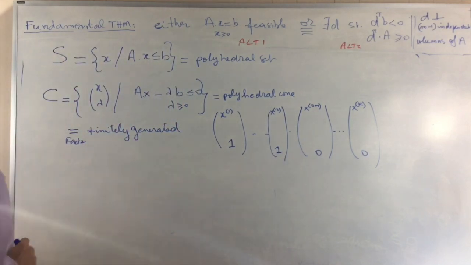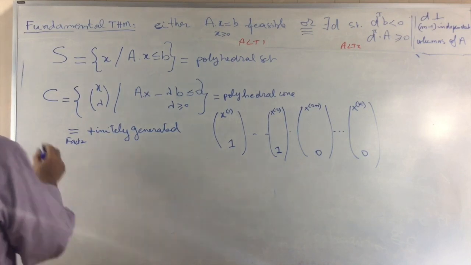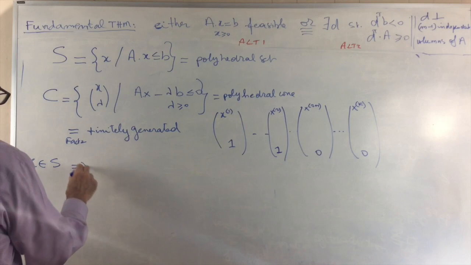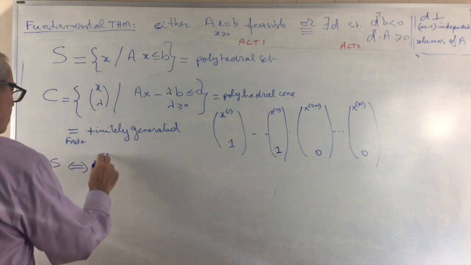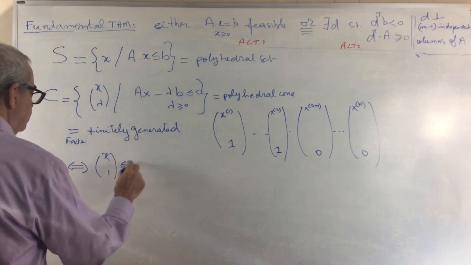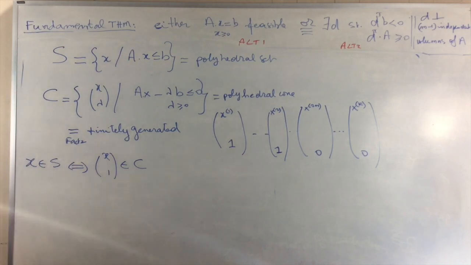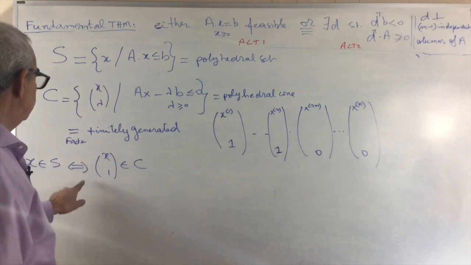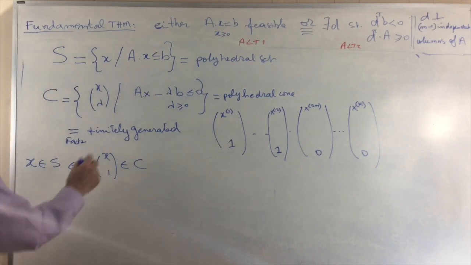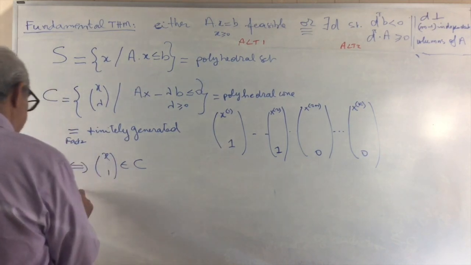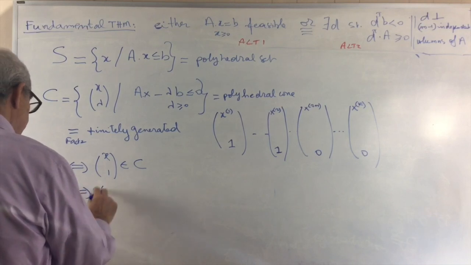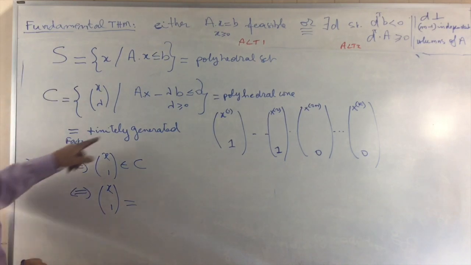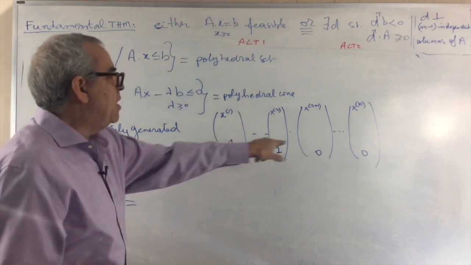Okay, now x in S is equivalent to x 1 in C, right? So if I plug in lambda equal to 1, I get exactly S. And x 1 in C means that it's equivalent to, if it's in C, then it's a non-negative linear combination of these vectors.